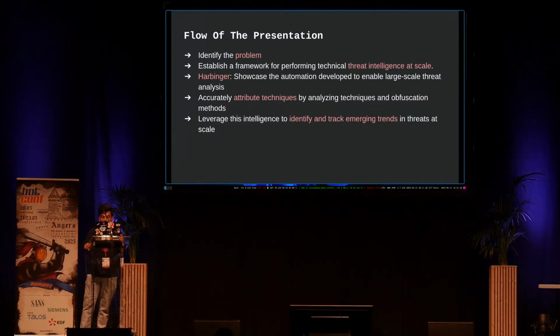It's called Harbinger. It's basically an automation to develop and identify trends on a large scale. And then using that automation, we'll be trying to accurately attribute techniques and the obfuscations that threat actors are trying to do. And using this, in the end, I'll be going through some live cases and situations where I found this automation to be really handy.